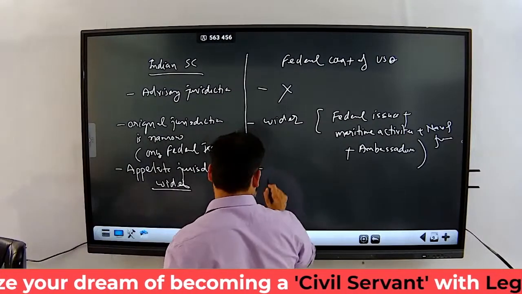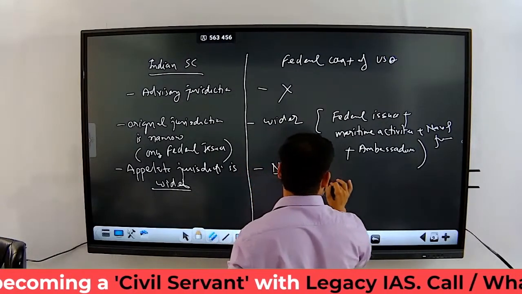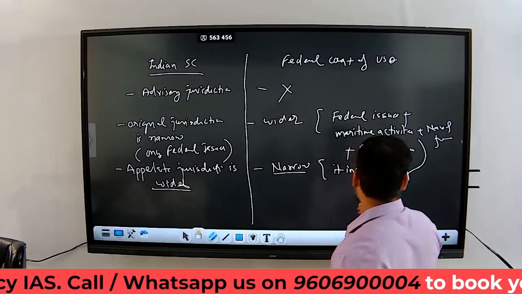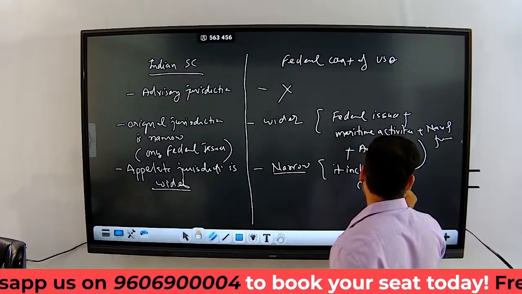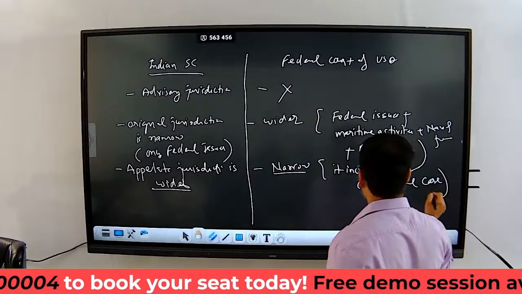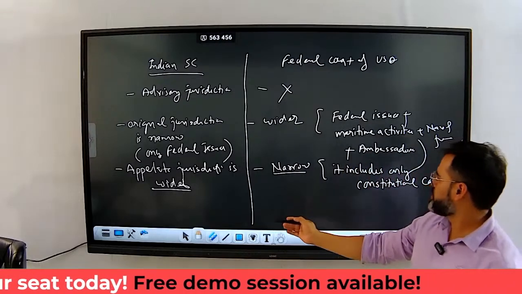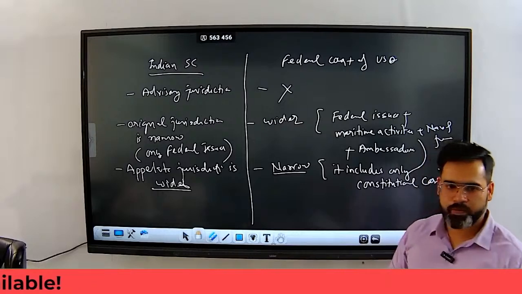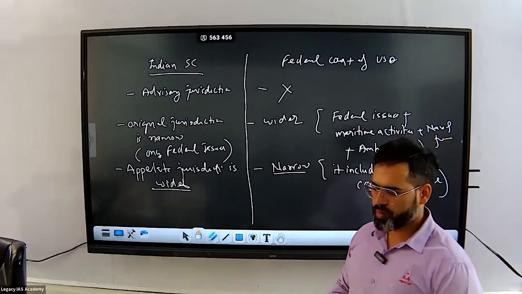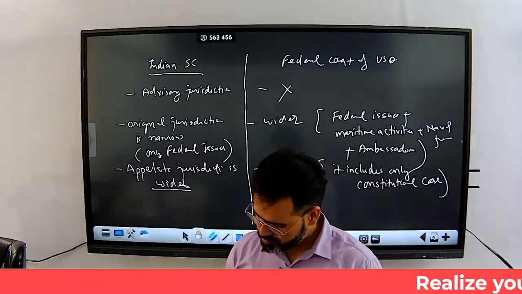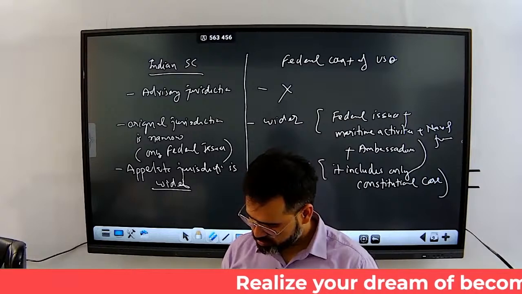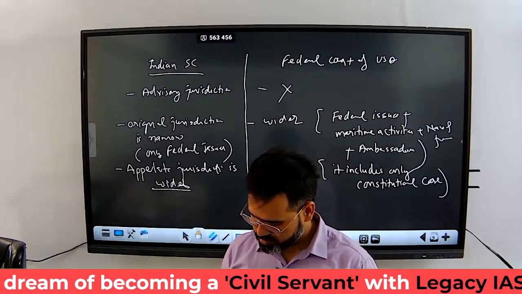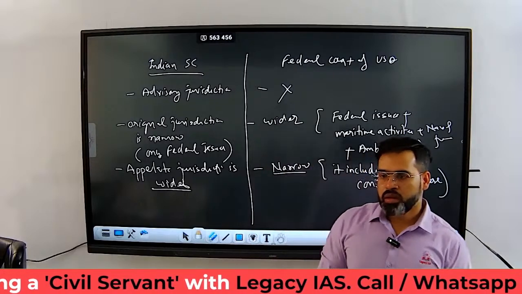And there, appellate jurisdiction is narrow, as it includes only constitutional cases. But here it includes constitutional, civil, and criminal also. So it is wider, and that is narrow. Done.